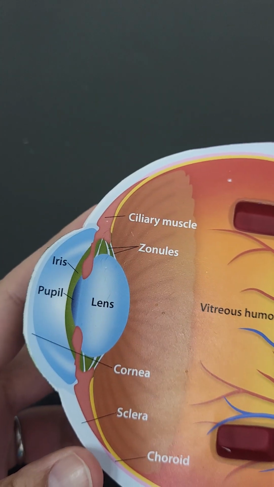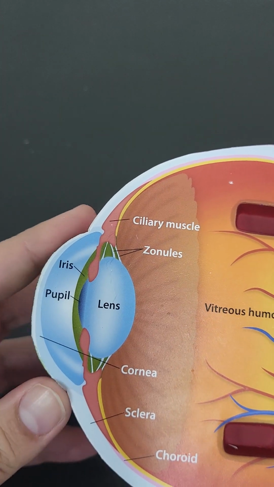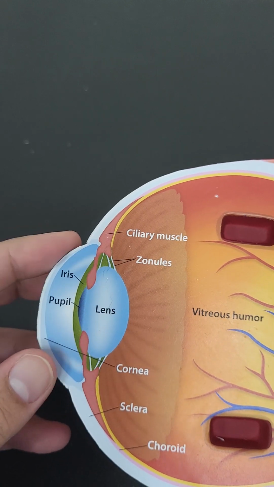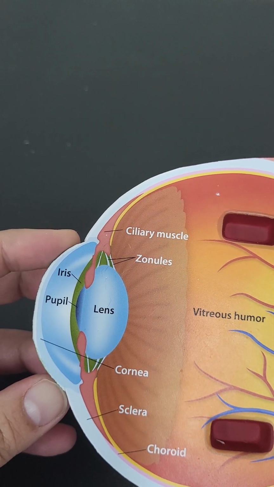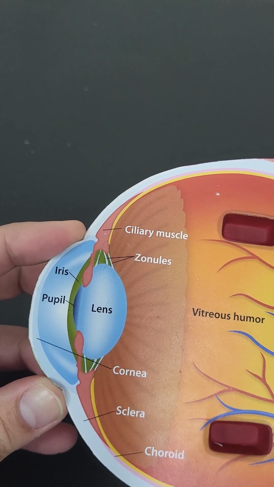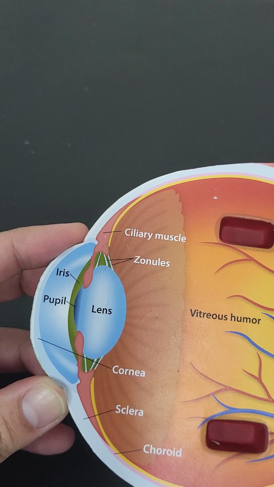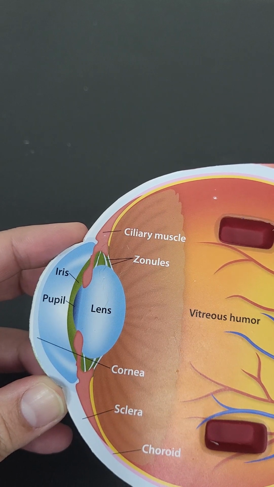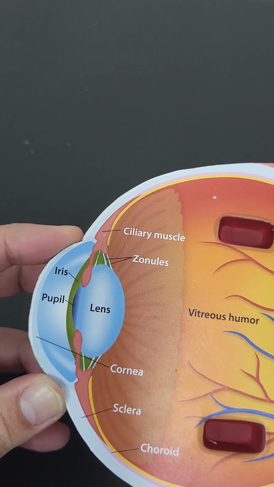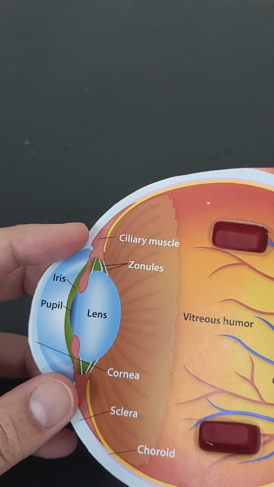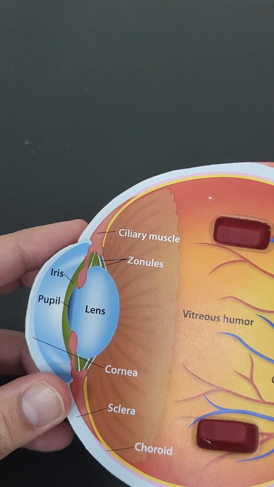I've also got nearsightedness, so it's hard for my lens, I guess, to adjust in a way to let me see things farther away, especially because my pupils are trying to take in as much light as possible.